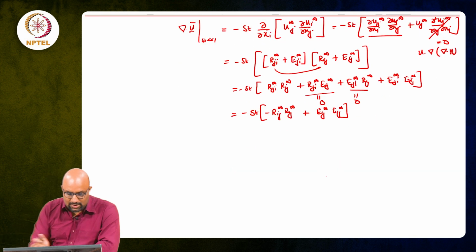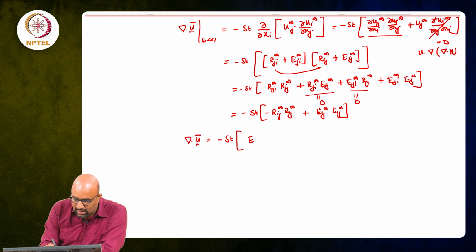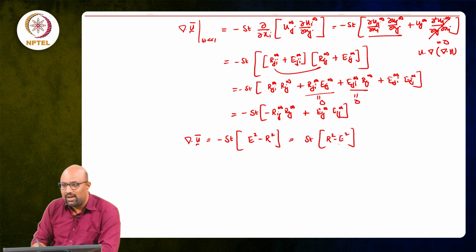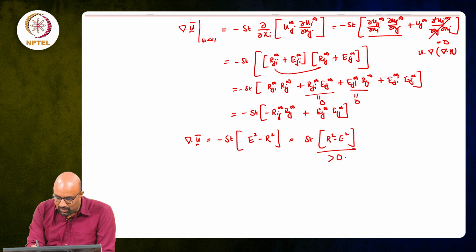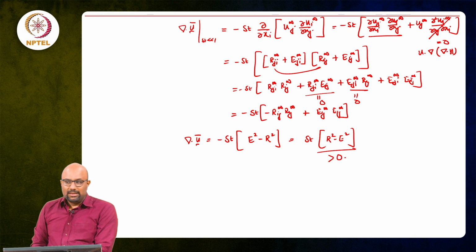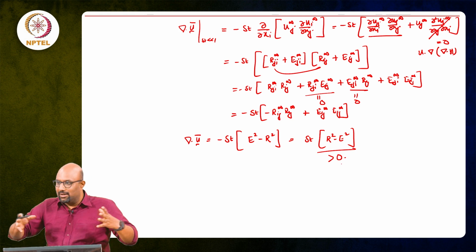So, this term, divergence of the particle velocity, can be written as minus Stokes times E square minus R square, or plus Stokes times R square minus E square. R square is the magnitude of the rotation tensor, E square basically again being the square of the magnitude of the strain tensor. So, what does this say? When this is positive, then it is a source, particles are getting ejected.